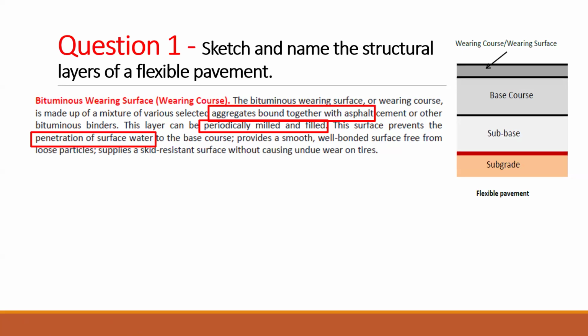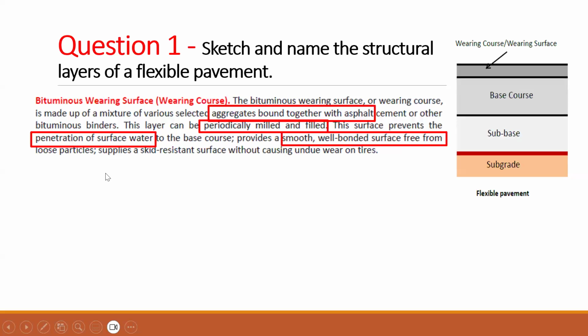And also it prevents penetration of the water from the surface to the underlying layers. If water penetrates, it will damage the pavement layer. So it prevents that. And also it provides a smooth, well-bonded surface free from particles. It provides a comfortable drive on the pavement, and also skid resistance.